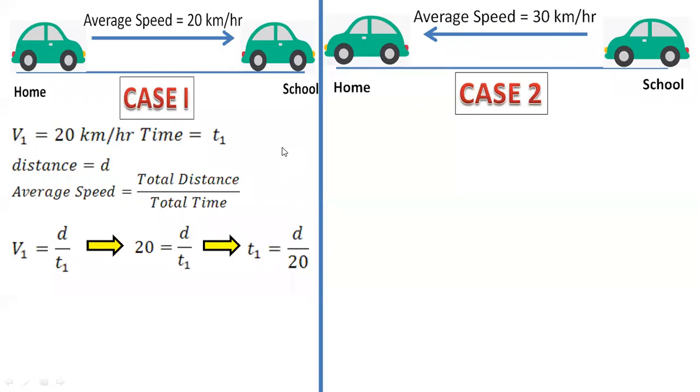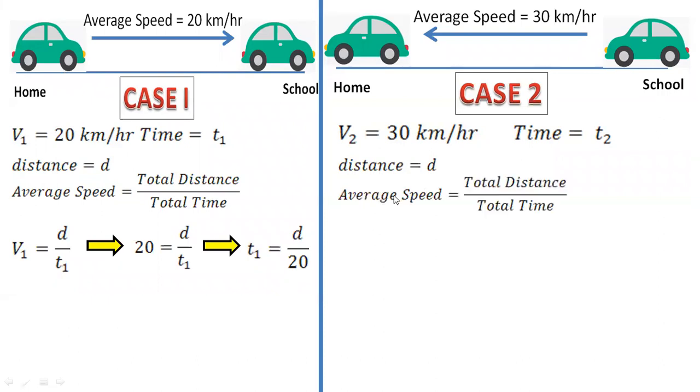Okay. Now we will calculate time for the second case also in the same way. We'll take velocity, 30, it is given. Time we will assume as t2. It was assumed t1 for case 1. For case 2 we will assume it as t2. Now distance will keep as it is because from home to school the distance has not changed. So distance would remain d. Formula is average speed is equal to total distance by total time.